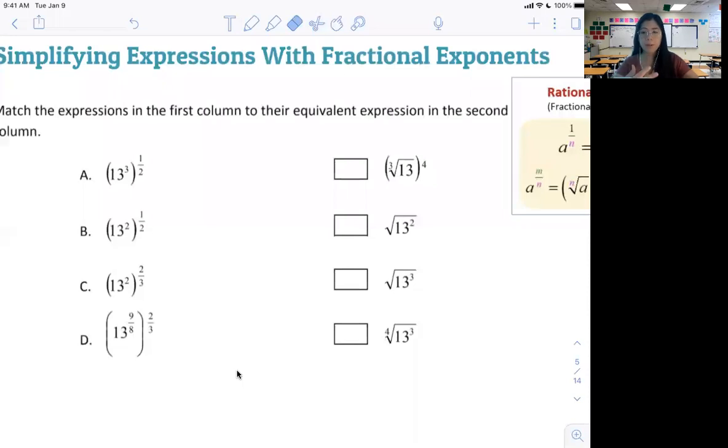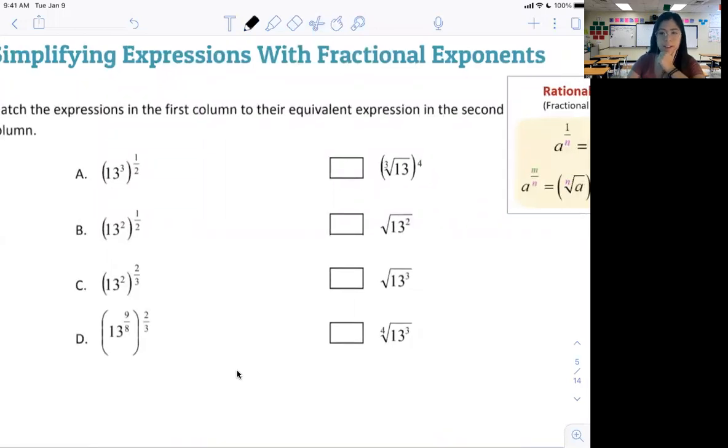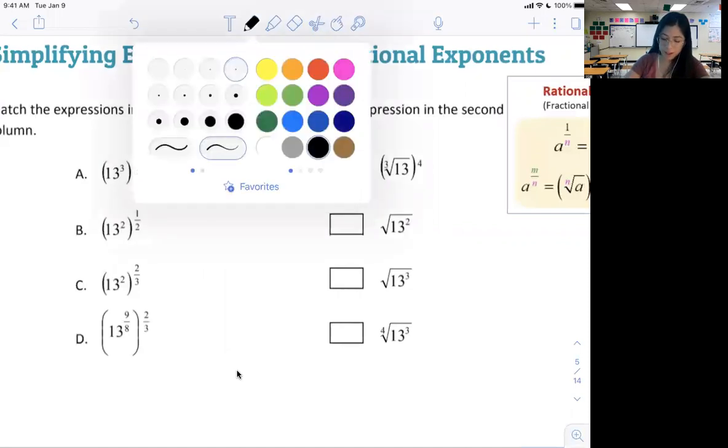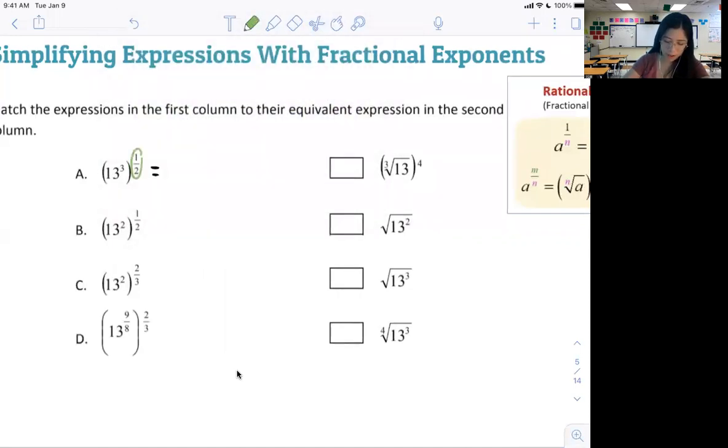Okay, now before we go through it, we're not going to annotate it quite yet. What's going on here? We have a little bit of extra work to do, don't we? In example A, before I can figure out my final answer, what should I do first? Simplify. Yeah, I've got an exponent on the outside.